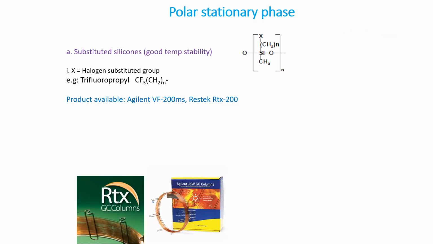So this is the totally polar stationary phase. The siloxane group is substituted with X. What is X? It is a halogen substituted group such as trifluoropropyl. It can easily have bonding with polar analytes. Available are Agilent VF 200 ms and Restek 200. Restek is a very reputable column manufacturer.